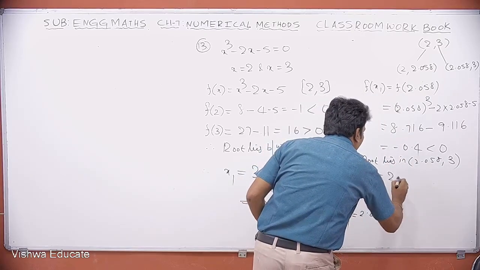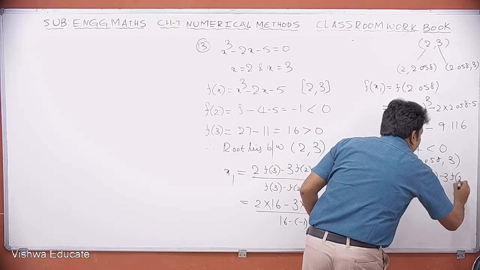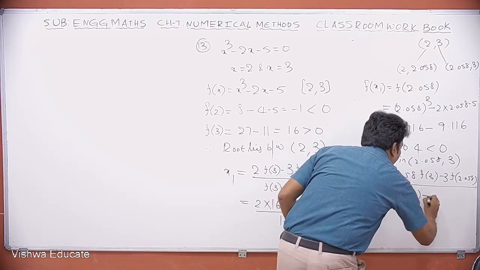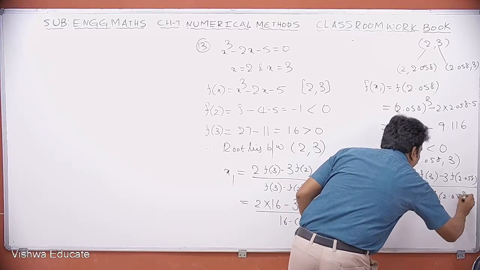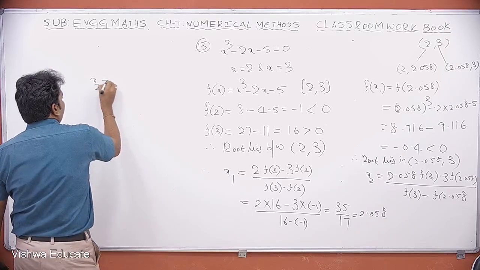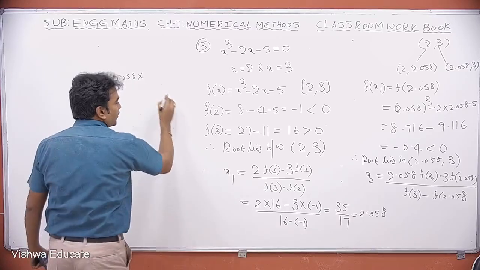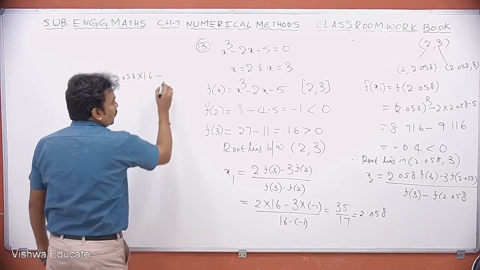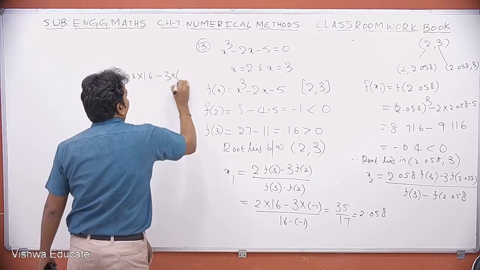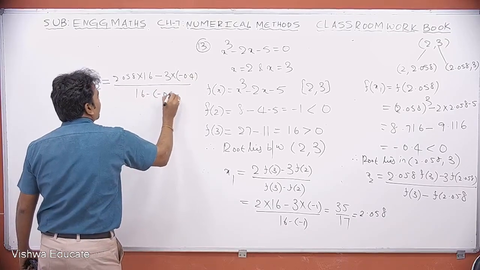Therefore, x2 equals 2.058 into f of 3 minus 3 into f of 2.058, divided by f of 3 minus f of 2.058. Now let us evaluate this x2 expression. So this is 2.058 into f of 3, which is 16, minus 3 times f of 2.058, that is minus 0.4, divided by 16 minus of minus 0.4.